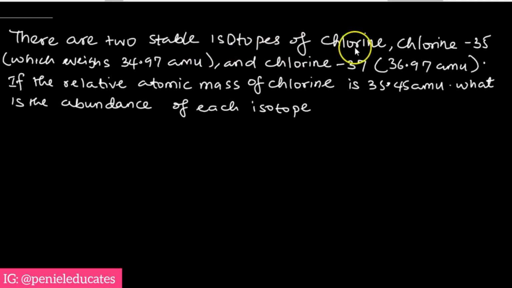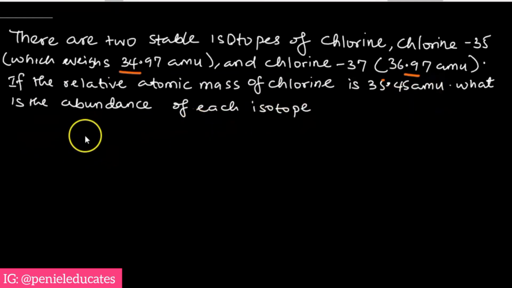All right, so let us look at this particular example. There are two stable isotopes of chlorine: chlorine-35, which weighs 34.97 atomic mass units, and chlorine-37, which weighs this. If the relative atomic mass of chlorine is 35.45 AMU, what is the abundance of each isotope?